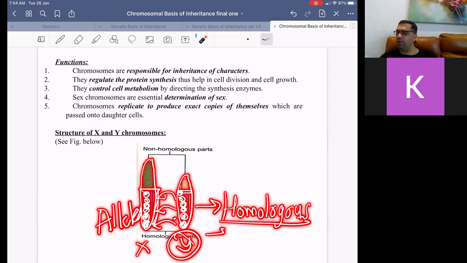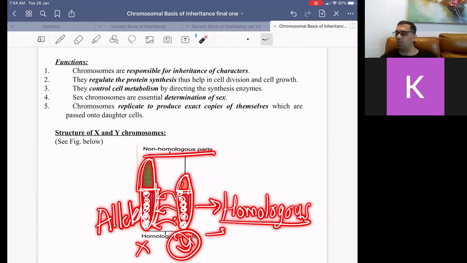And then there is the non-homologous part. Non-homologous part of Y chromosome is short and non-homologous part of X chromosome is longer. इसलिए Y chromosome छोटा होता है compared to X chromosome.